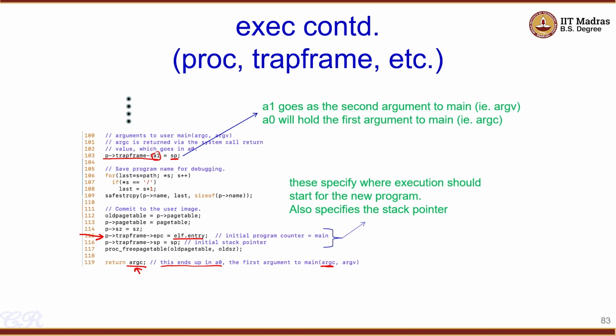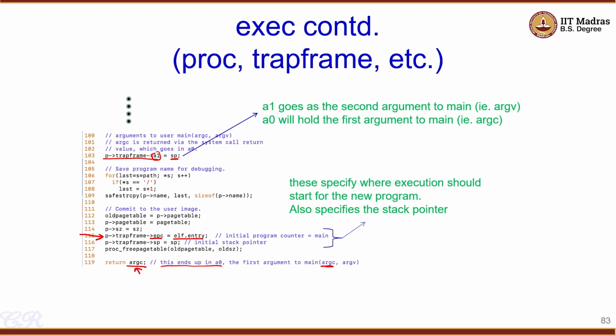So coming back here, if we set EPC to be equal to elf.entry, it would mean that when this newly executed program starts executing, it will start executing from this address specified in elf.entry.